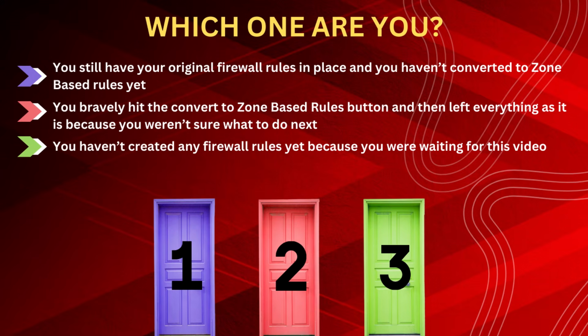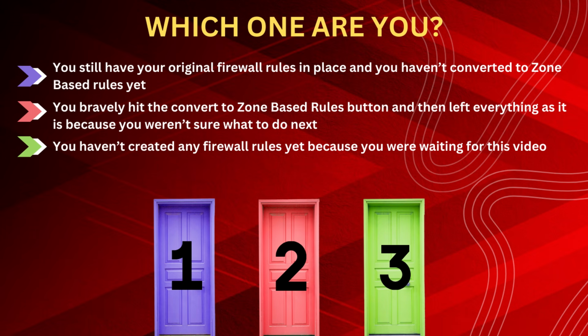All right, so I'm gonna go out on a limb here and guess that my audience is generally in one of these three categories, okay? So door number one is you have the original firewall rules still in place, the rules that we set up in video 6, and you haven't converted anything, okay?